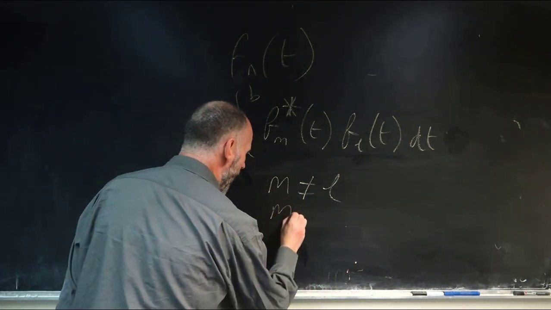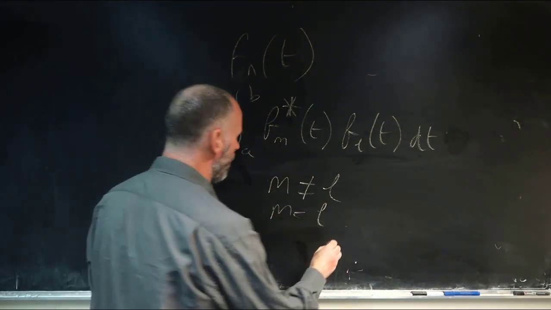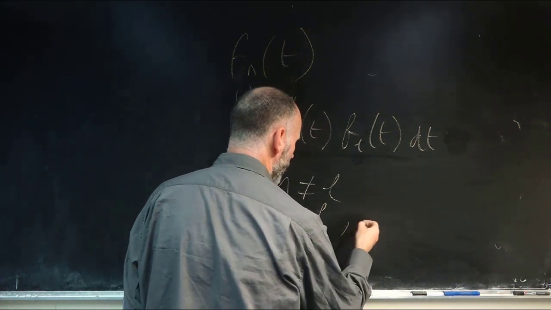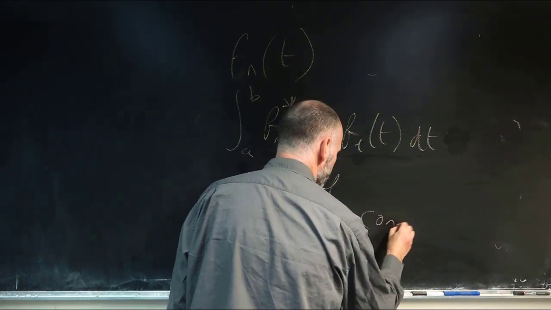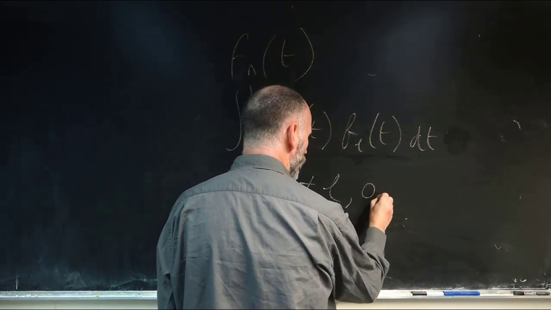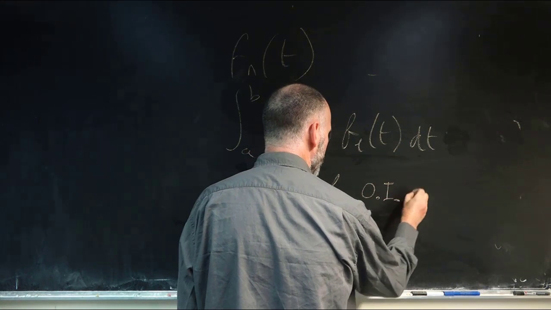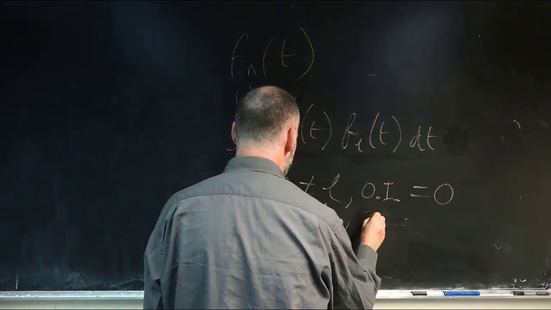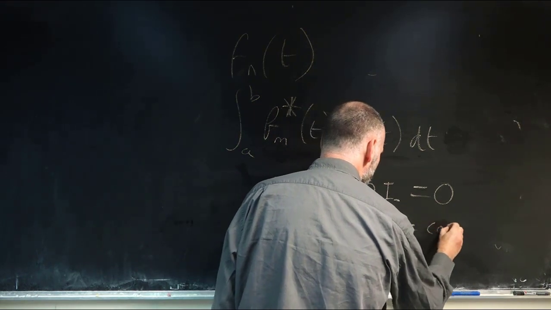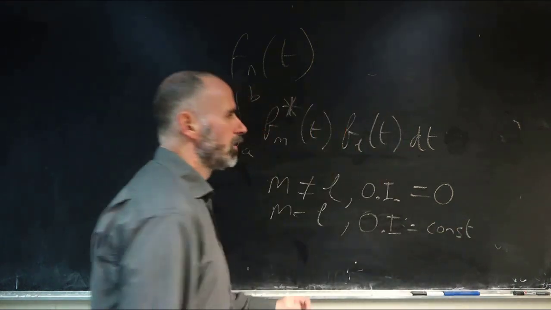When m is equal to l, and only when m is equal to l, does this integral become a finite value, a constant. So for m not equal to l, the overlap integral equals 0. For m equal to l, the overlap integral equals a constant.